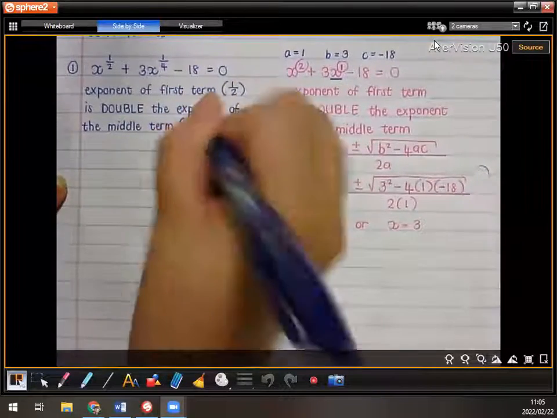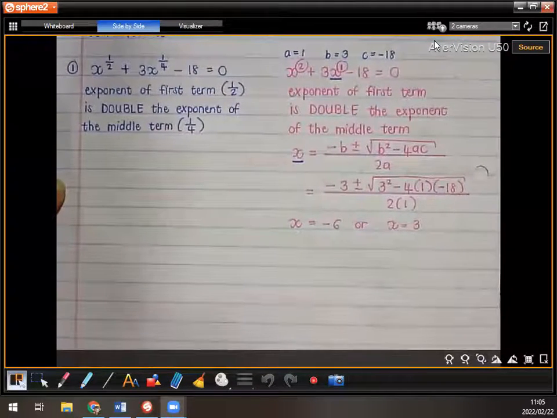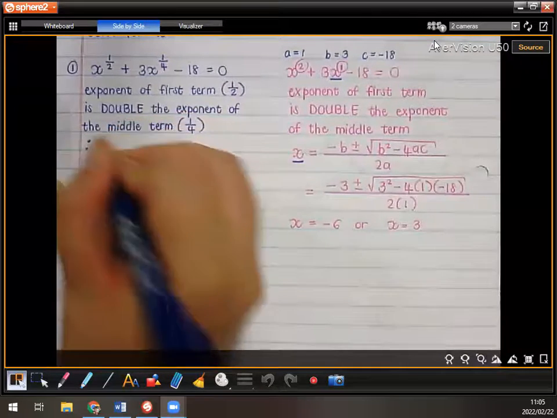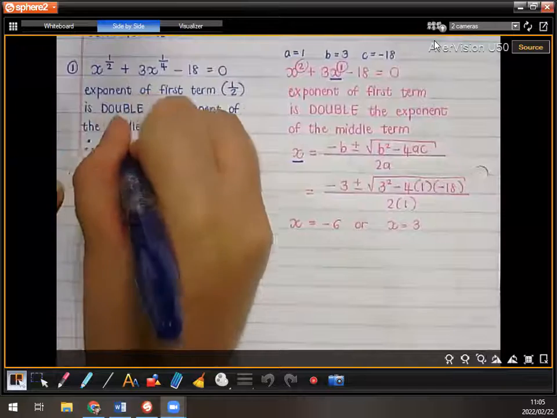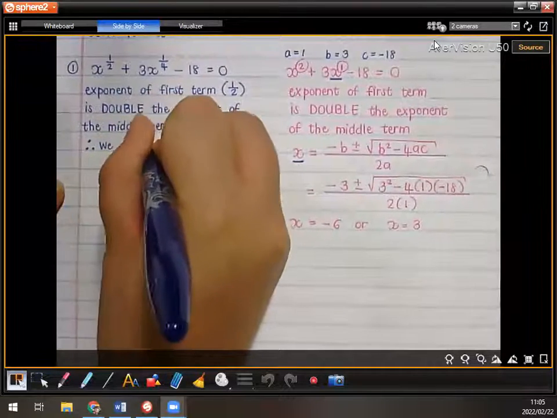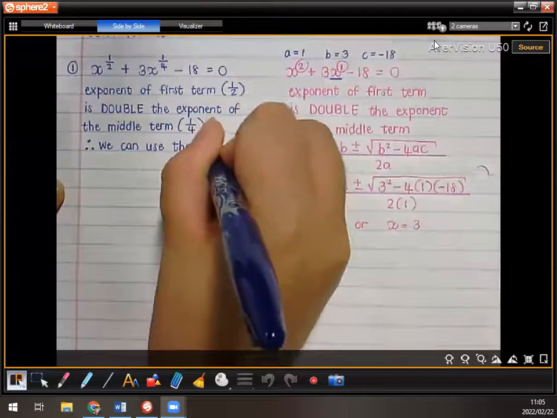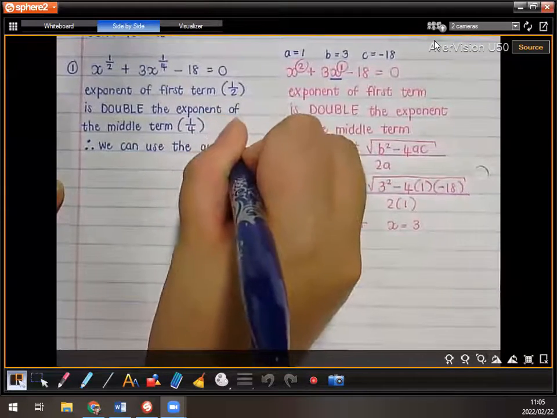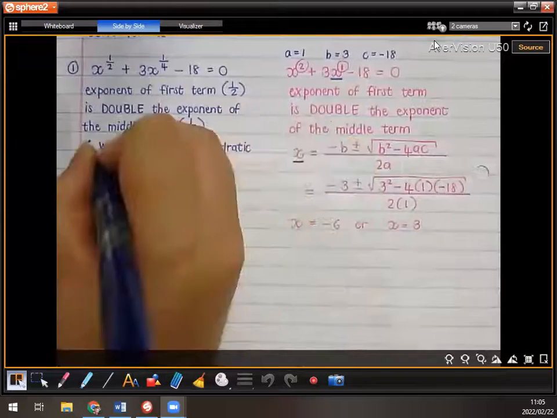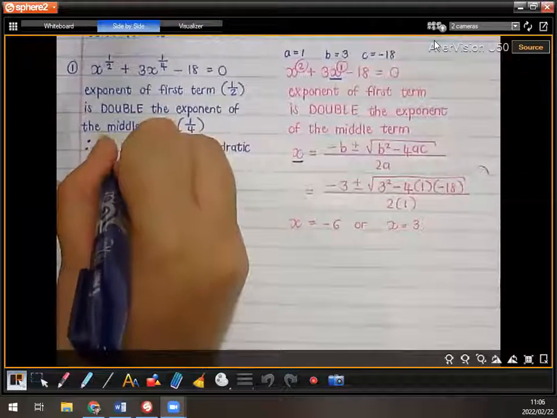Which is a quarter. Therefore, we have the quadratic formula.